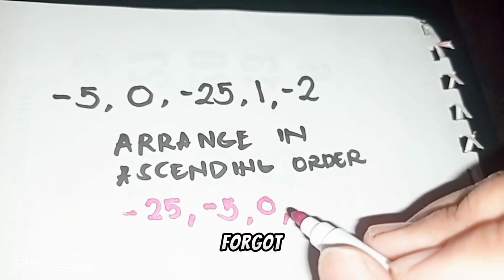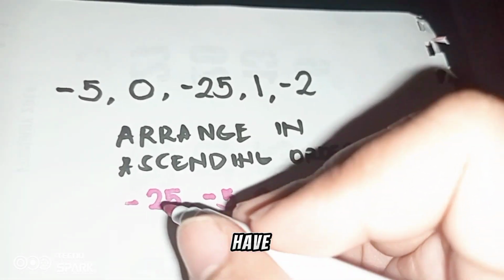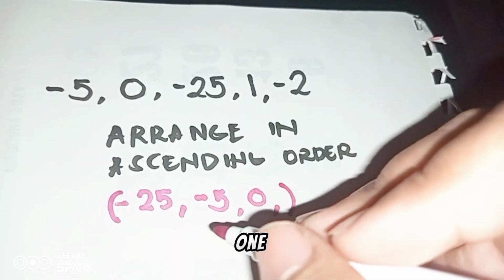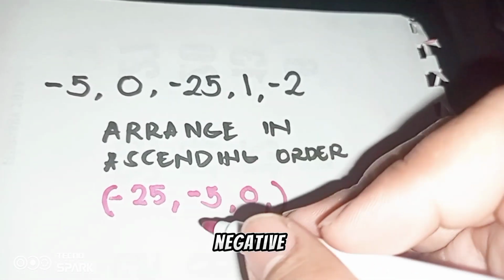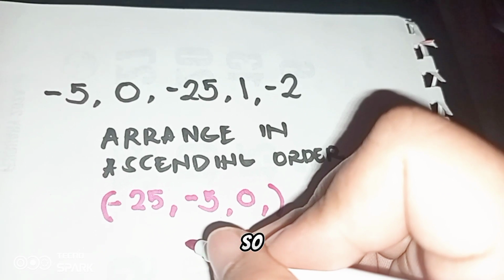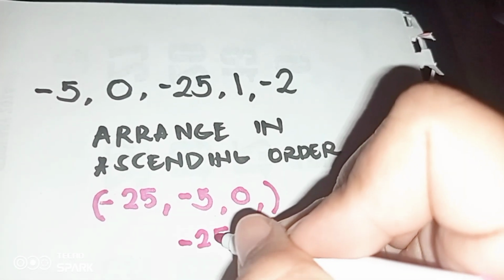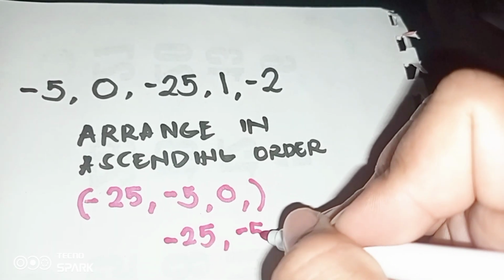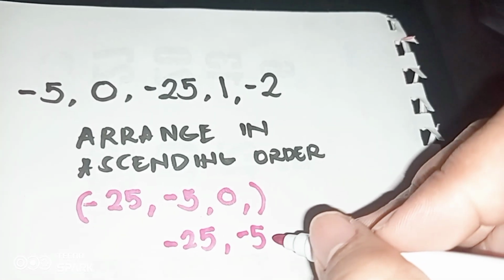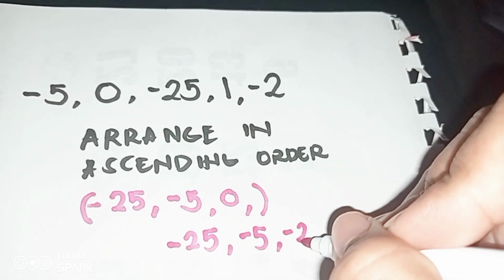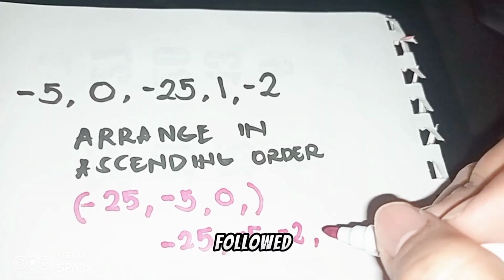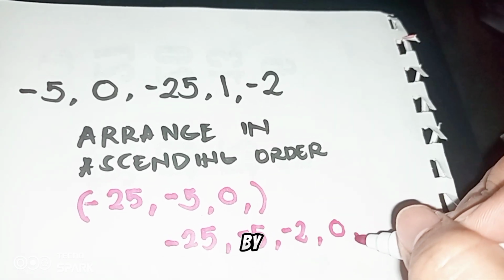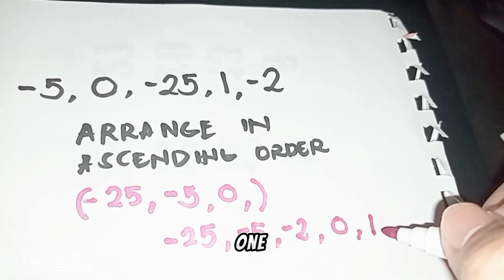Oh, I forgot. So I'll rewrite this one. I forgot the negative 2. So negative 25, negative 5, negative 2, followed by 0, and followed by 1.